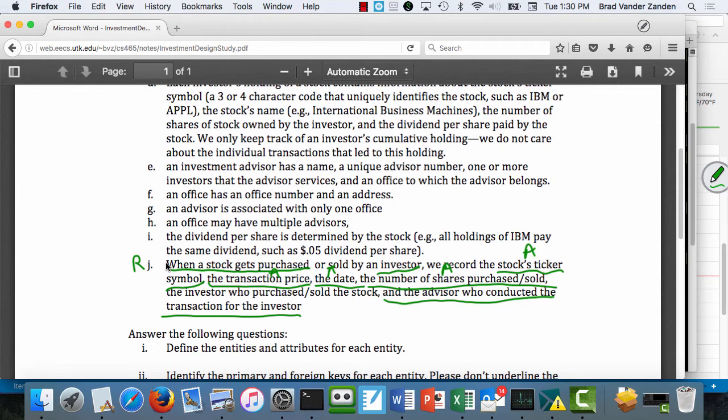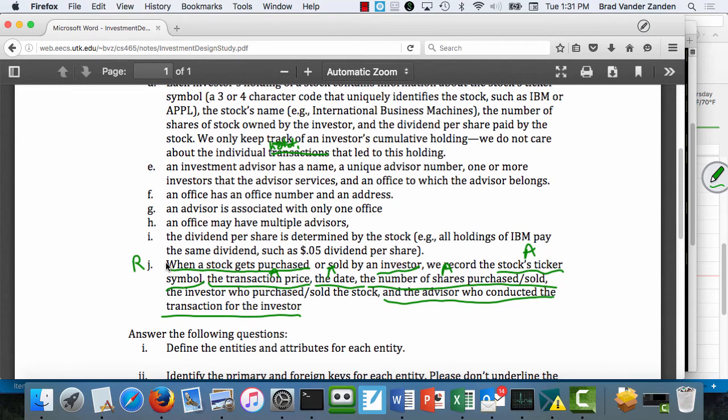That's what they're trying to say, is you don't need to keep track of what they currently own. You can figure out what they currently own from the transaction record. So they want to keep the transactions, and then from that, they can figure out what the holdings are. So really, we do not care about the individual holdings. We don't care about the lots.